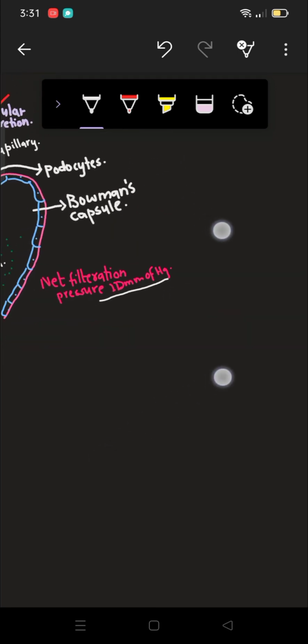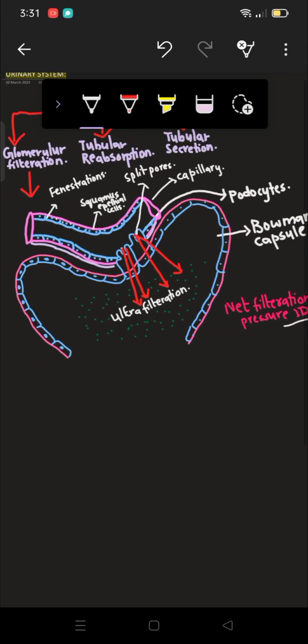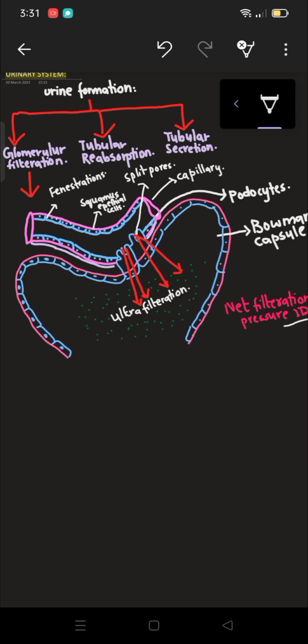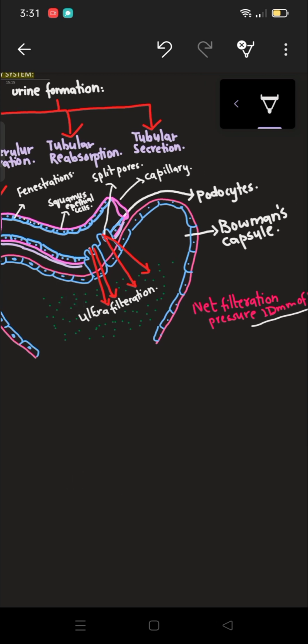Alright, so this is the net pressure we have in the glomerulus. We'll be talking about how this net pressure is made, we'll be discussing that as well.